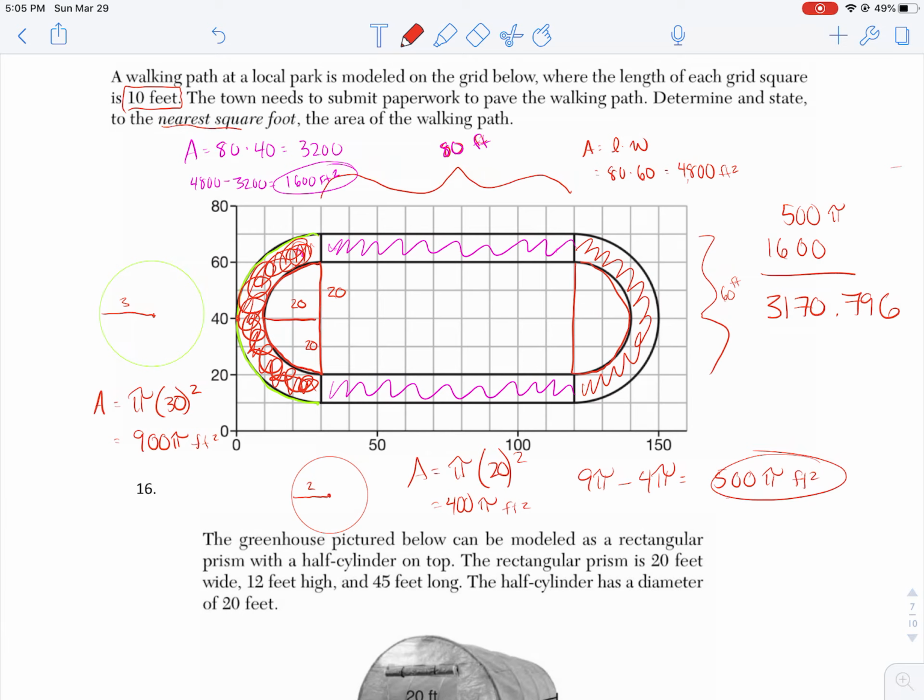And so determine and state to the nearest square foot. So our nearest square foot is 3171 feet squared. And so that is the area of our shaded region.